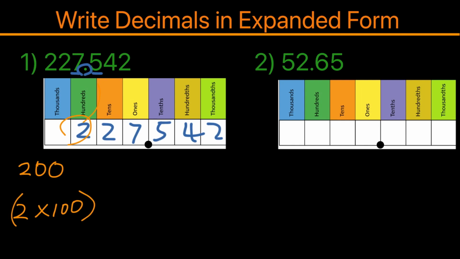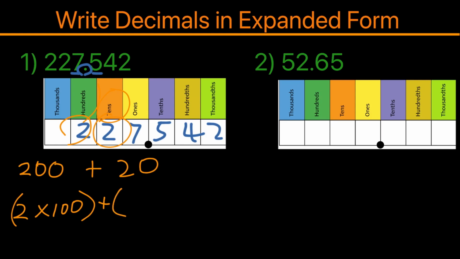In the expanded form, we can write them in two different ways. One is writing out the value, and the other one is multiplying by the value of where the number sits. So we'll do them at the same time. So next, we have the 2, and in the tens value, so that means that's 20, because 2 times 10 is 20.